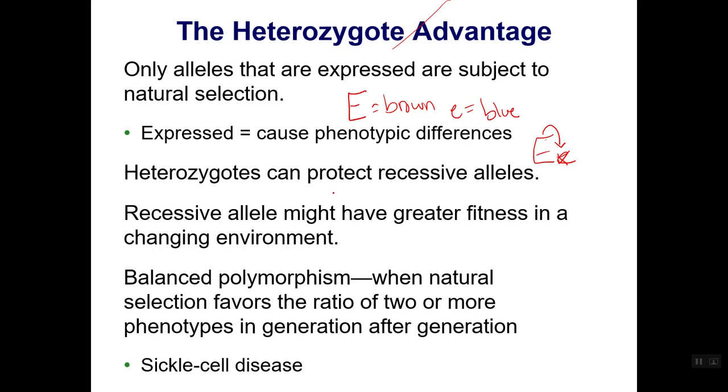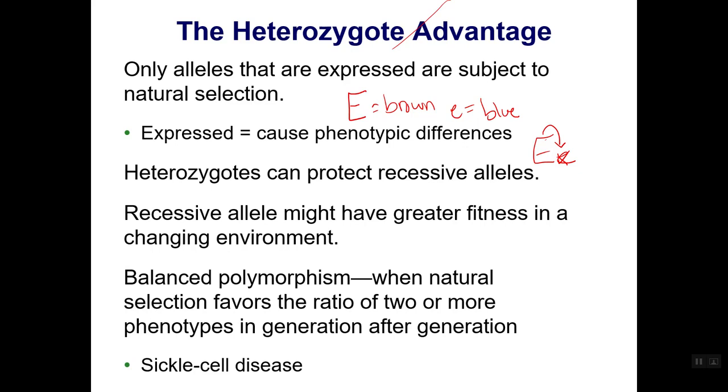Now, that's beneficial to a population because the recessive allele might have greater fitness in a changing environment. So right now, let's say brown eyes are the fit trait. Well, 3 generations from now, maybe blue eyes will be the most fit trait.